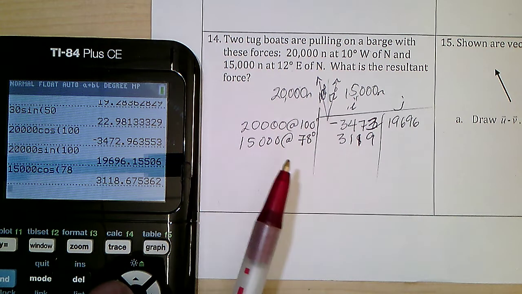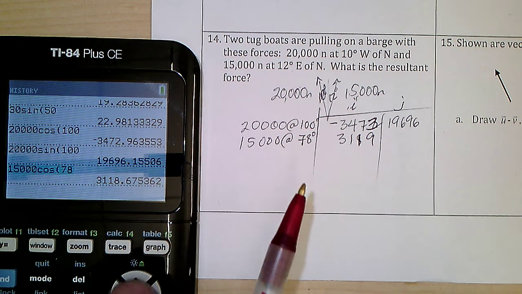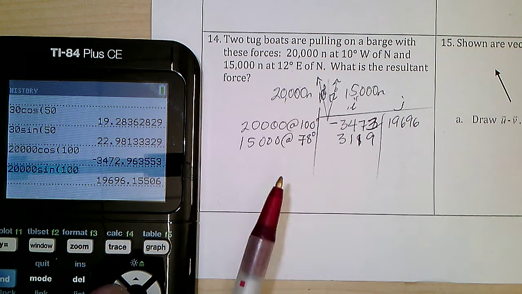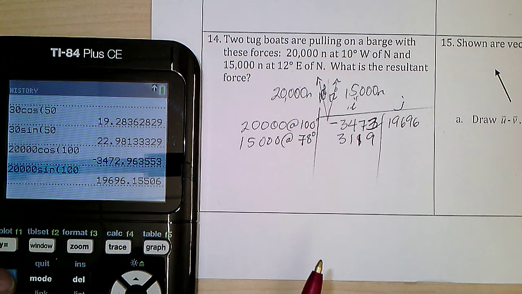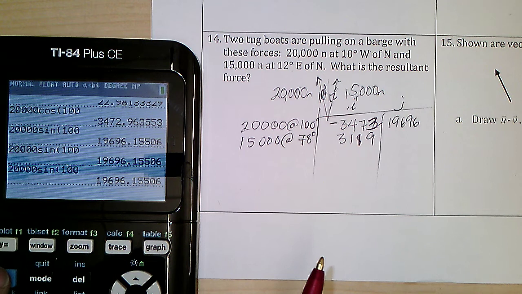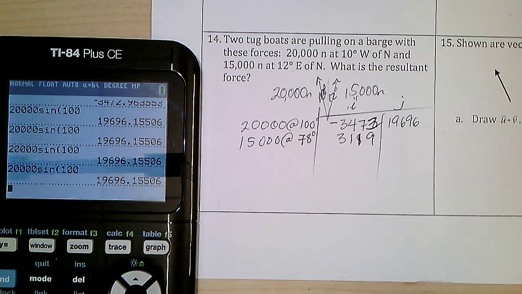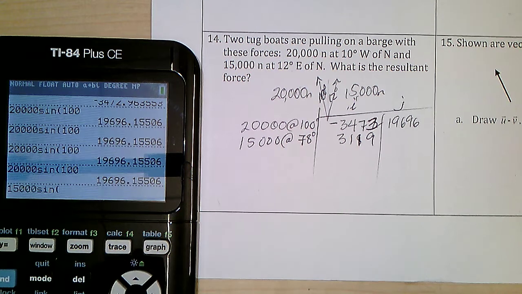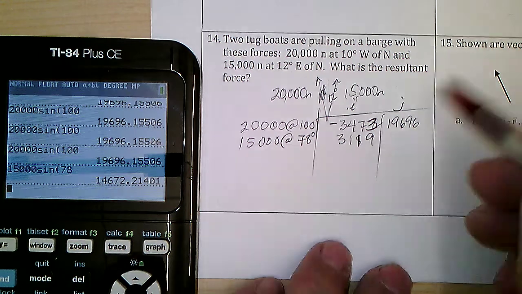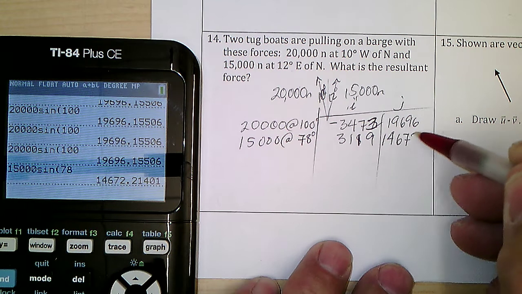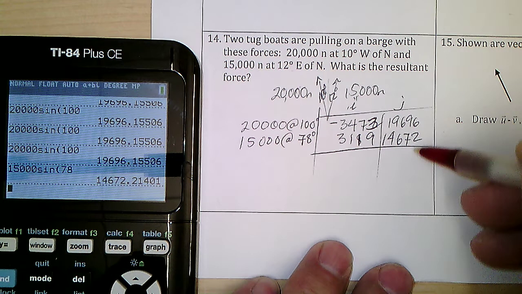And then 15,000 sine of 78. I hit the button wrong, got in the wrong place there. 14,672.